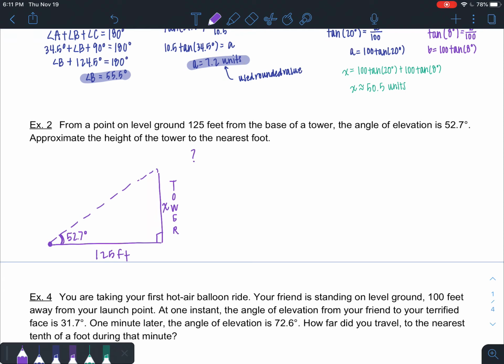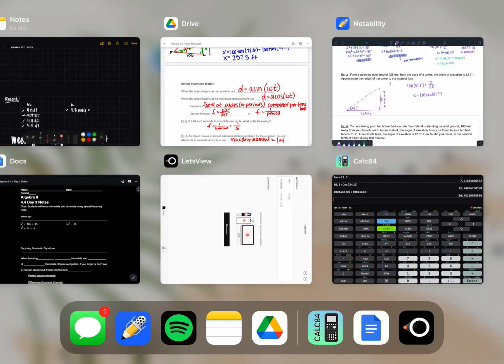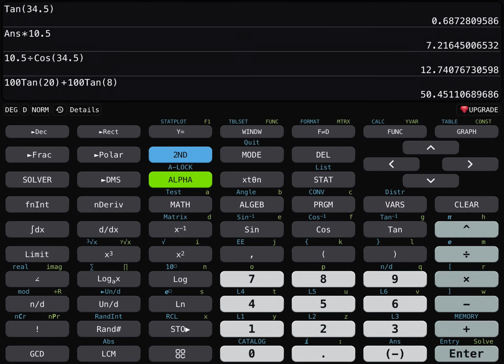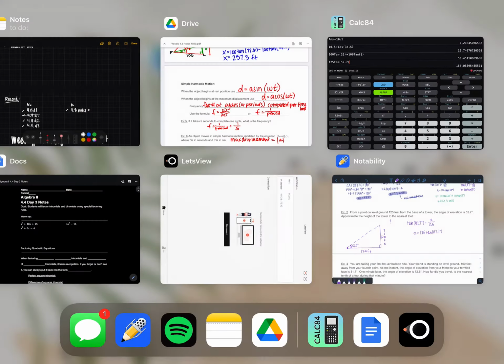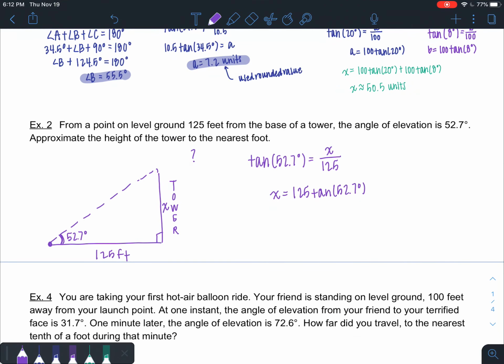What you should have said is we have tangent of 52.7 degrees equals x over 125. Multiplying both sides by 125, we get 125 times tangent of 52.7 degrees is equal to x. 125 tangent of 52.7 gives us 164.08.